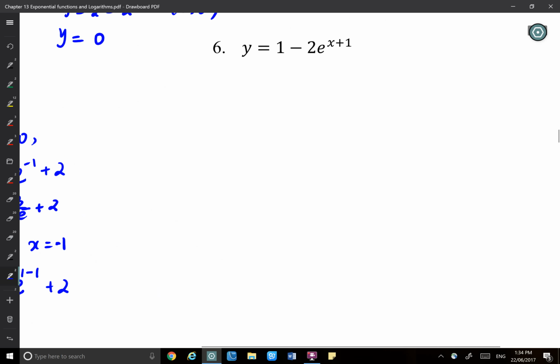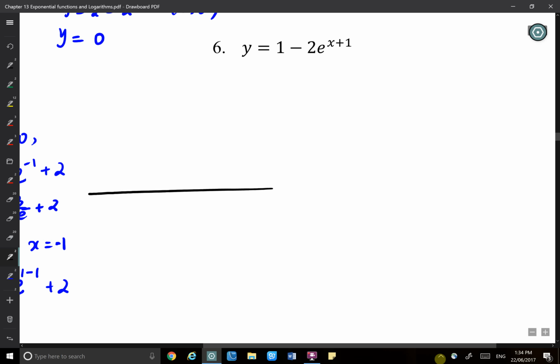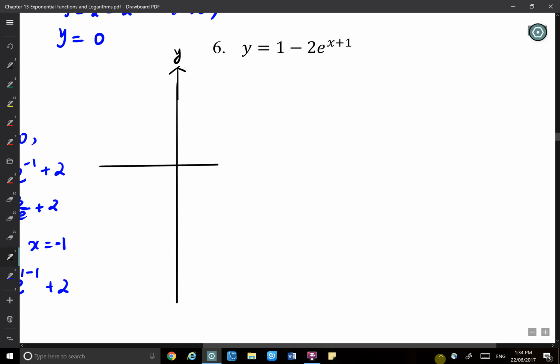Okay, last one. Okay, I will have y equals 1 as the asymptote.